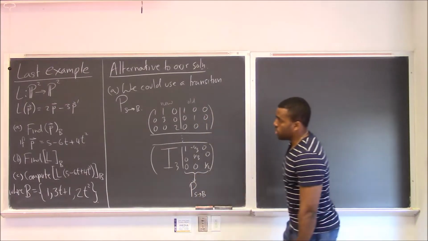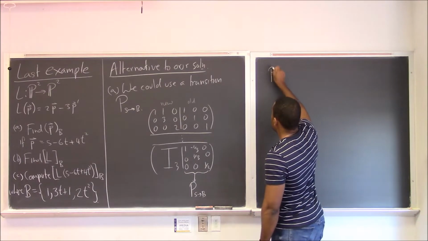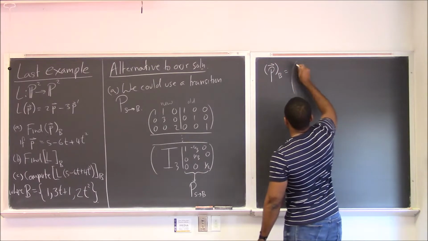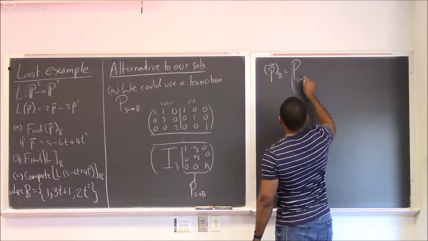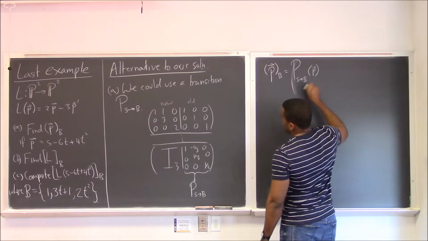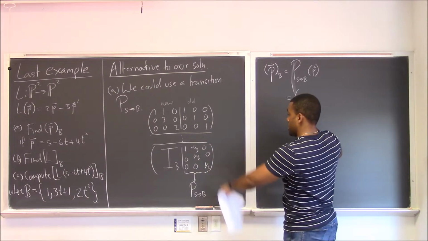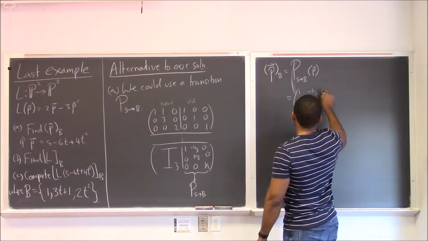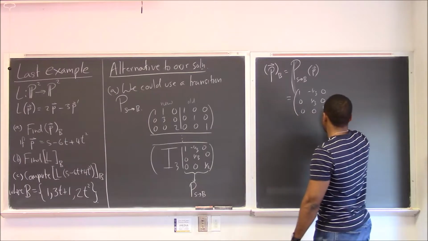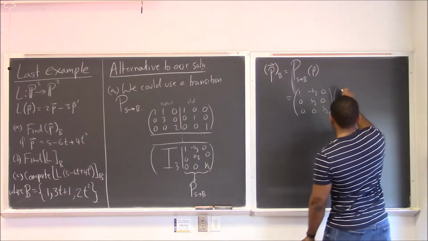And so now how you actually use that to find A. So now that just means to write this guy in terms of B, just take that transition matrix, P from S to B, and multiply by the P. And so that would mean taking this matrix, 1, minus a third, 0, 0, 1/3, 0, 0, 0, 1/2, multiplying that by the standard matrix for this, which is 5, minus 6, 4.